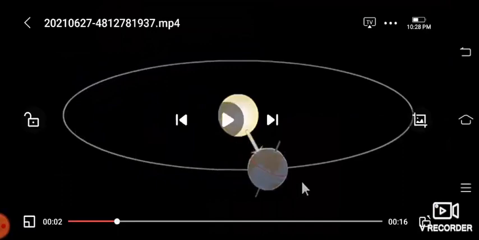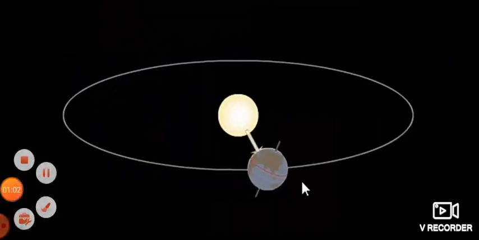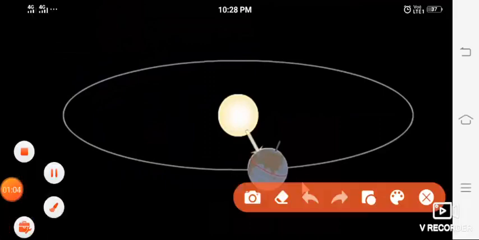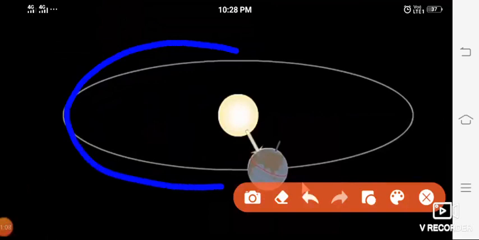So now up till here the northern hemisphere was close to the sun. That means the earth has come from this position to up till here. That is, this is 22nd March to 23rd September. Here the northern part was close to the sun. That means the days were longer and nights were shorter, and it was experiencing summer season.